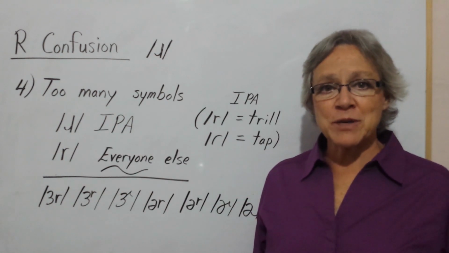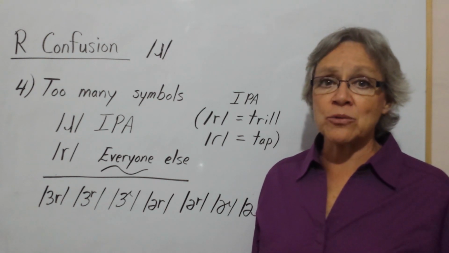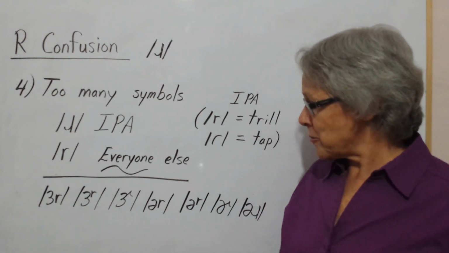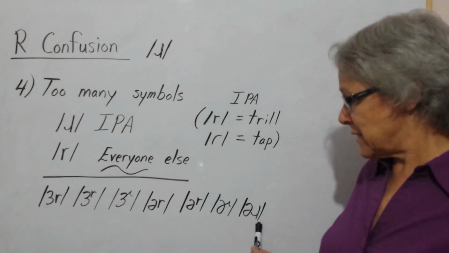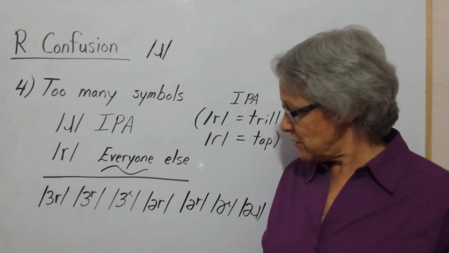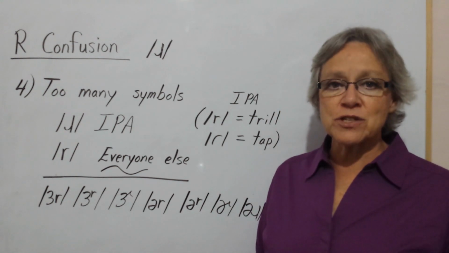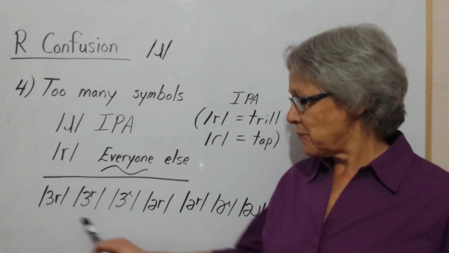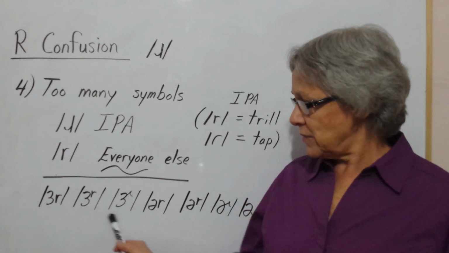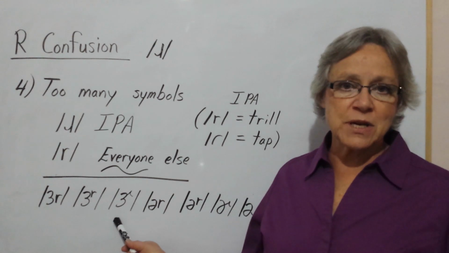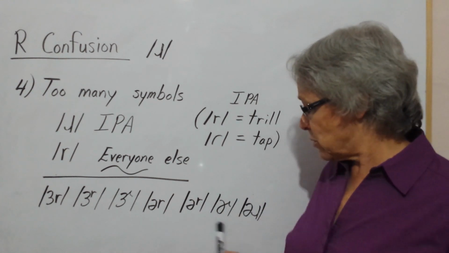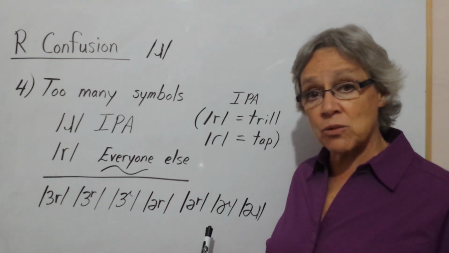Also, I have too many symbols. I just want to give some examples of the sound that I talked about earlier. These are all examples of ways you can represent the sound. Now there are some differences. These, for example, represent a stressed sound. These would represent an unstressed sound.